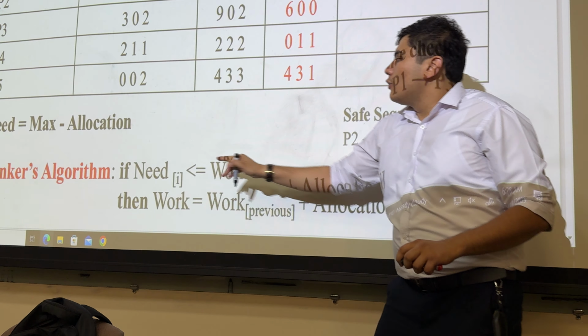Is it less or equal to the work, 3, 3, 2? 1 is less than 3, 2 is less than 3, 2 is equal to 2. So even if one of the numbers is not true, everything is not true. So this one is correct.